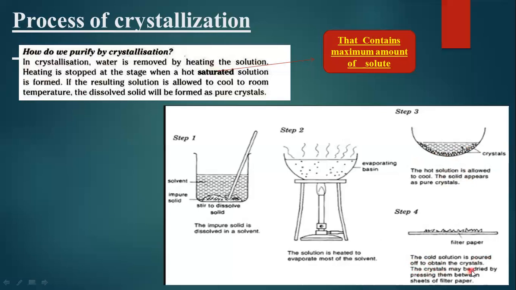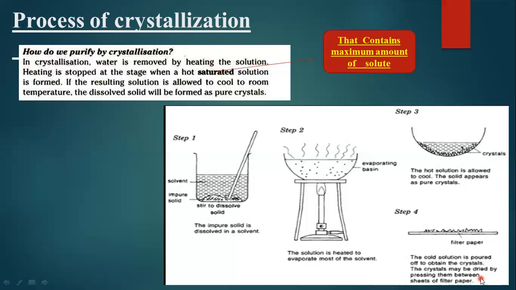The crystals can be dried by pressing them between the sheets of filter paper. The crystals of that substance can easily be obtained on the filter paper by filtering the cold solution. So that is the procedure of crystallization.